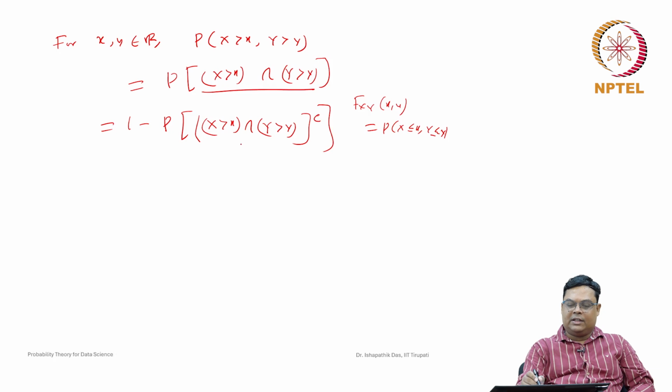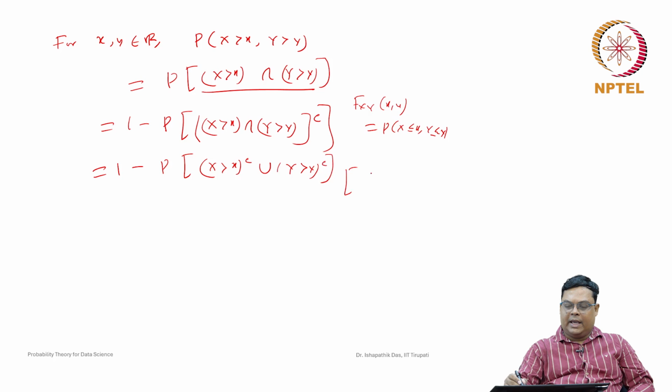Now, this is A, this is B. A intersection B complement we can write as A complement union B complement. This is one theorem we are using whenever we take the whole complement.